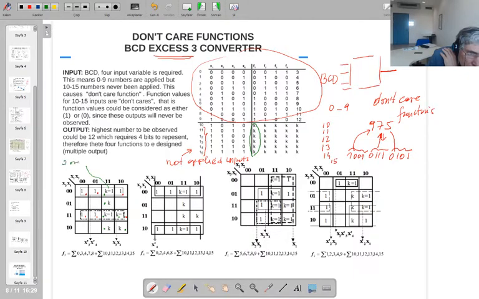That means a prime implicant where you choose the size of it. If you choose this one as 0, you are free to choose it.